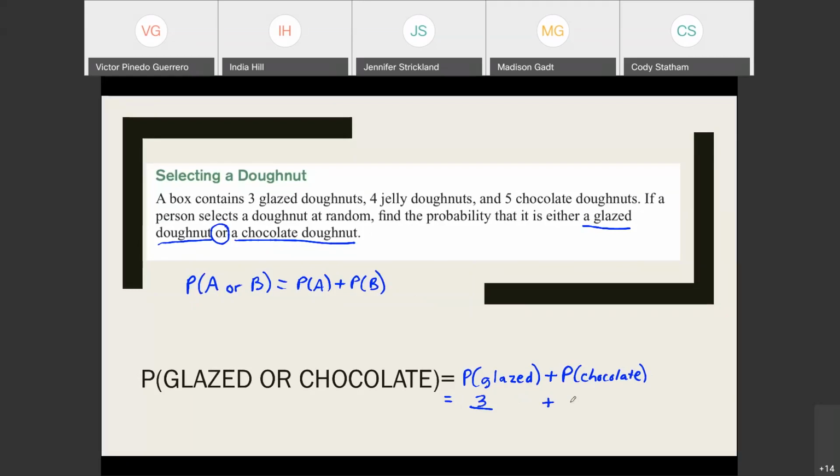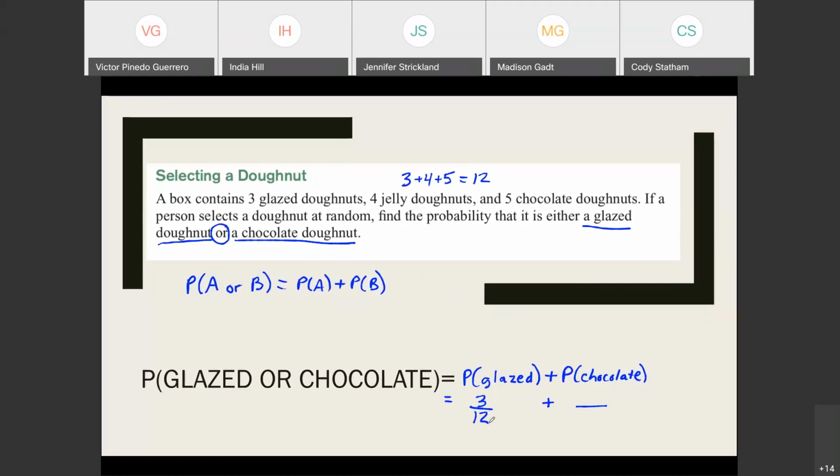How many altogether? 8. Let's see, 3 plus 4 plus 5. Oh, I didn't know on the jelly donuts. I thought we were just doing glazed and chocolate. Yeah, no. So on the bottom number, you're going to do all the possible donuts. So 3 plus 4 plus 5 is going to give me 12, I think, right? And that's going to go on the bottom.